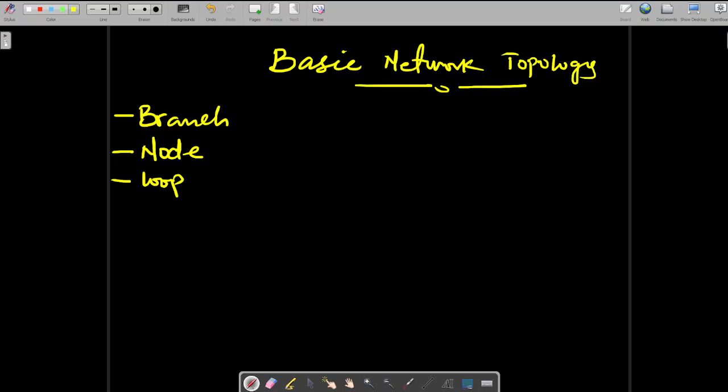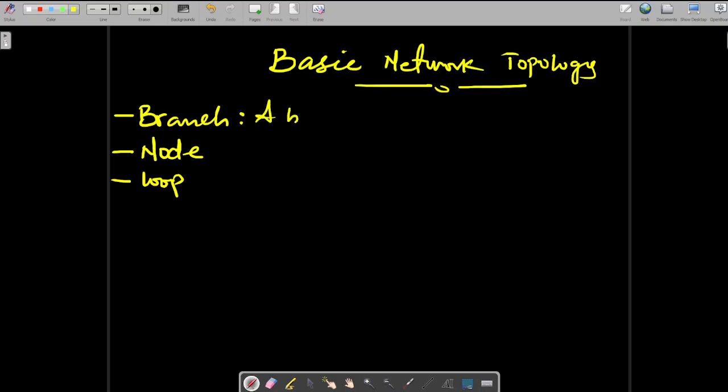So when you're starting up with circuits, you deal with resistance, current, and voltage. Ohm's law cannot handle it all, and that's why we need Kirchhoff's law. There's no way you can understand Kirchhoff's law if you don't understand the basic network topology, which are branch, node, and loop. Now, when we talk about branch, what is a branch?